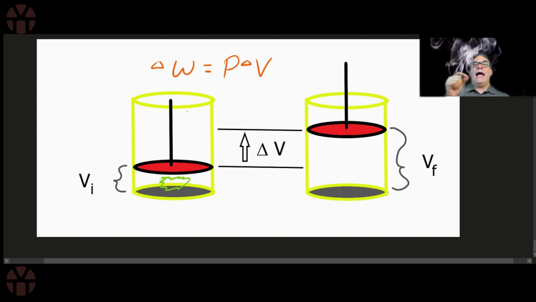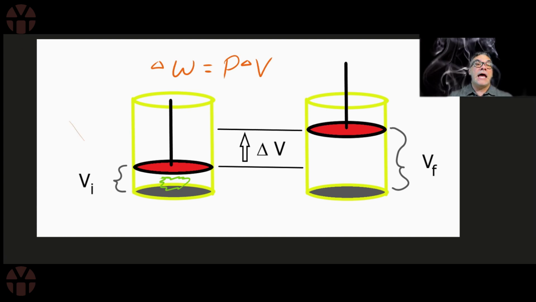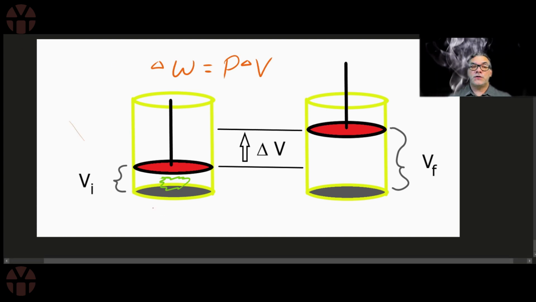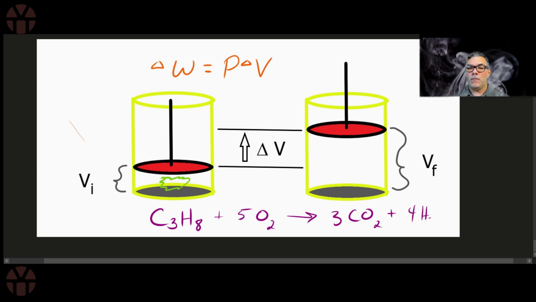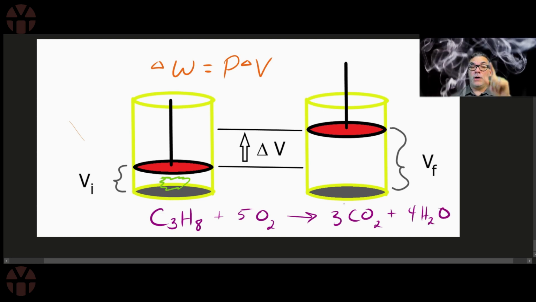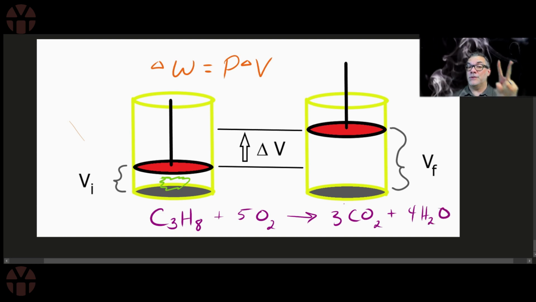I had a reaction. For the sake of argument, let's suppose that I had one we've seen before, some propane, C3H8, that I put into the cylinder and I combusted it. So it went kaboom with its 5 oxygens, it produced 3 CO2, and it produced 4 H2O. Now again, the carbon dioxide and the water, both of those are gases.